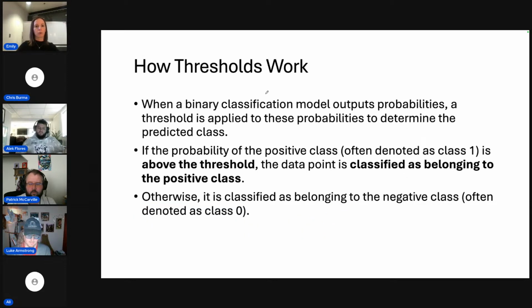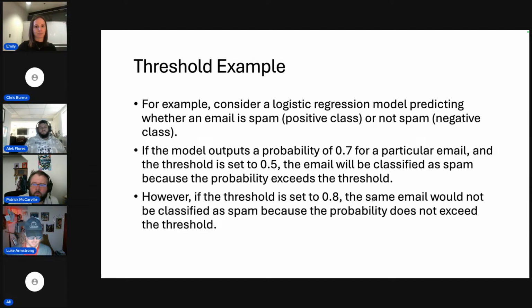So how thresholds work. In binary classification models that output probabilities, we apply this threshold to determine the predicted class. So if we say it's 0.5, then everything above that threshold belongs to class 1, and everything below it belongs to class 0. If we say it's 0.8, everything above it is 1, everything below that is 0.